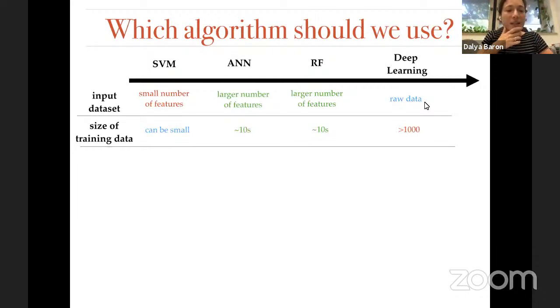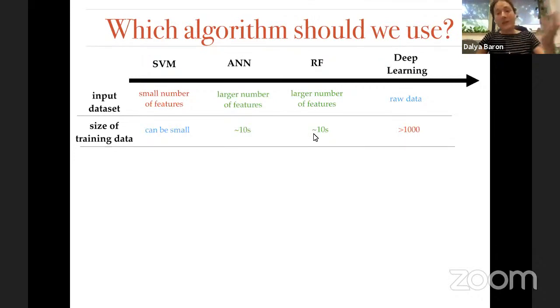In terms of the size of the training data, for support vector machine, it can be small. I do not need a lot of data in order to train the algorithm to predict something I'm interested in. For artificial neural networks and random forests, I need to have tens of objects at least.